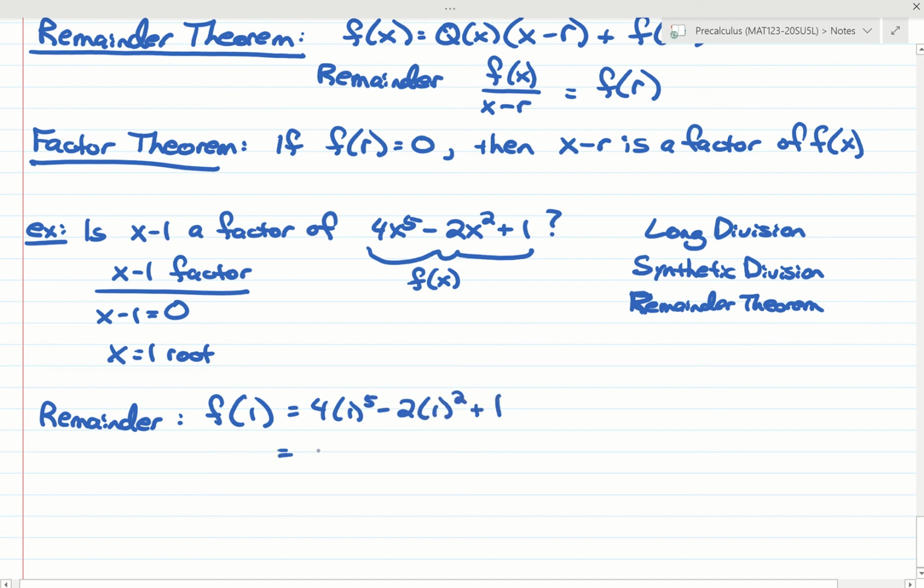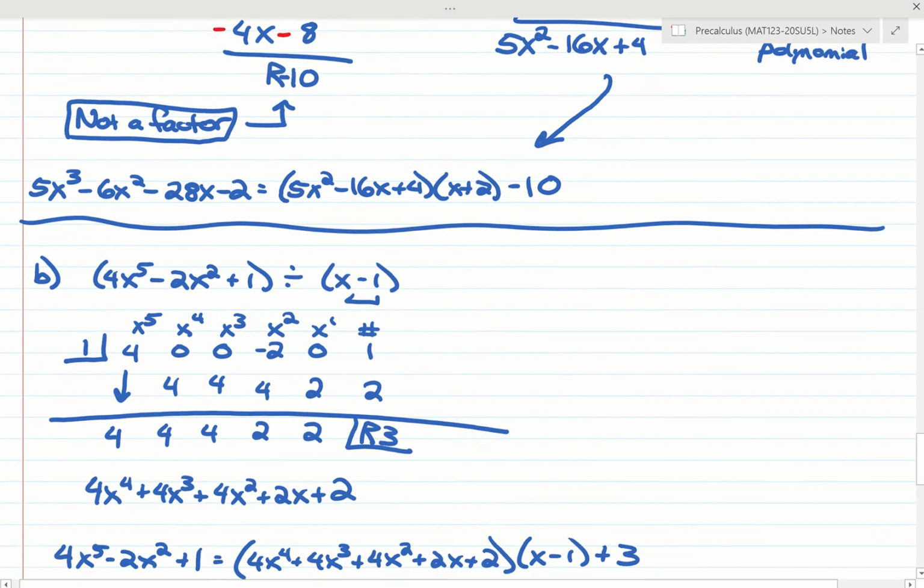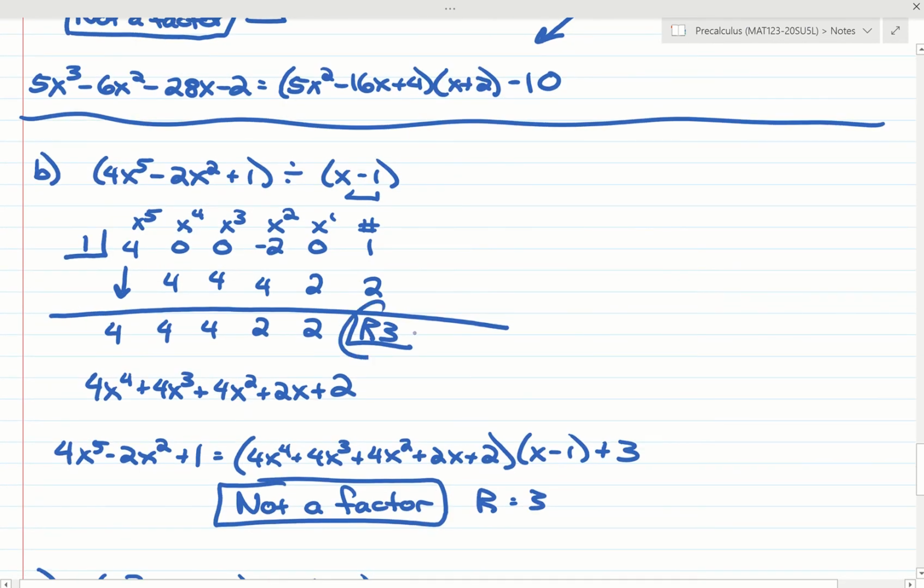And we get 4 minus 2 plus 1 is 3. That was pretty fast. If you remember, for the same problem, we had the remainder of 3. It's the same answer. We don't really need all the other stuff. If we just want to know if it's a factor or not, we could just use the remainder.